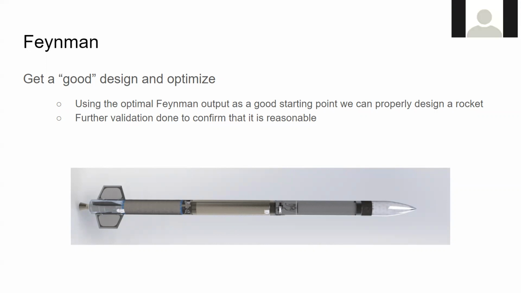Great question. Feynman for us is a tool. Obviously, it doesn't give us the final design. We've figured that it will get us within 10% of our final design, and it incorporates margin as well. For instance, it applies a 10% safety factor for mass onto all the structural components of the rocket, so even if we're much heavier than we think, the design will still work.